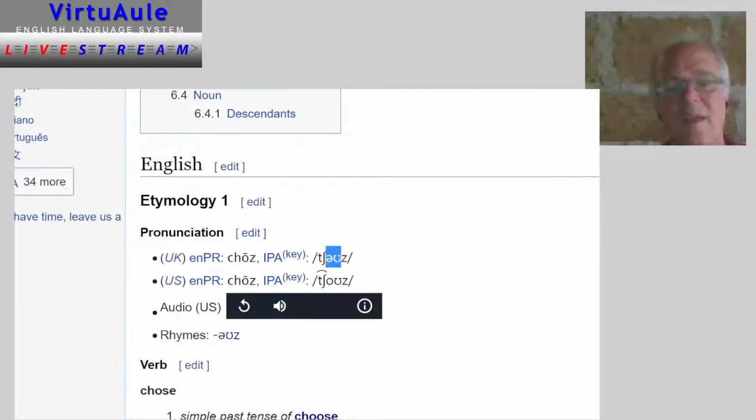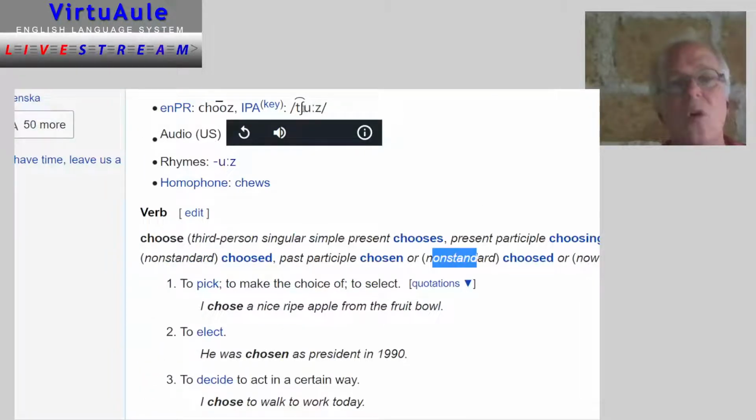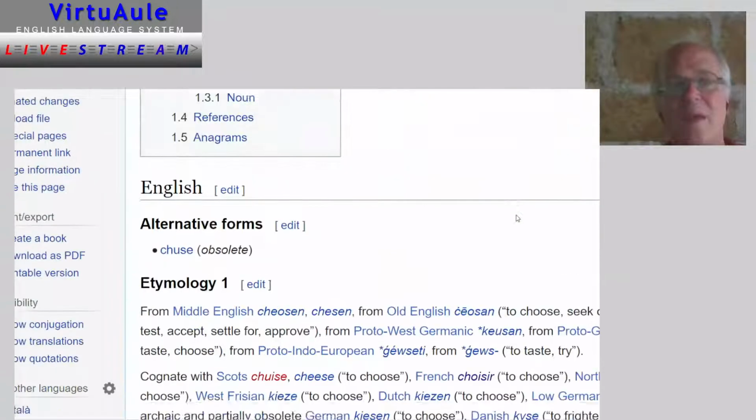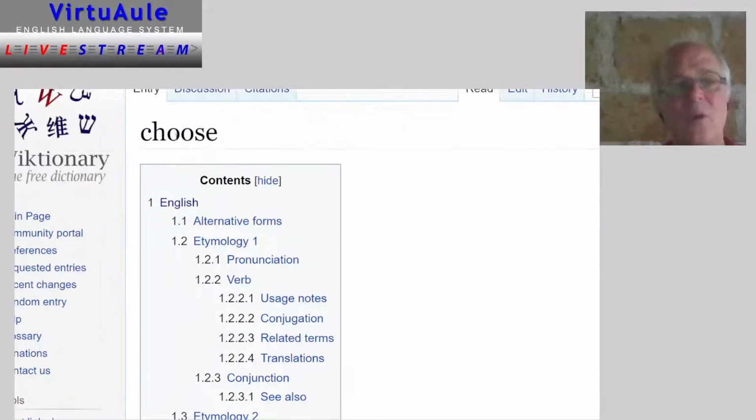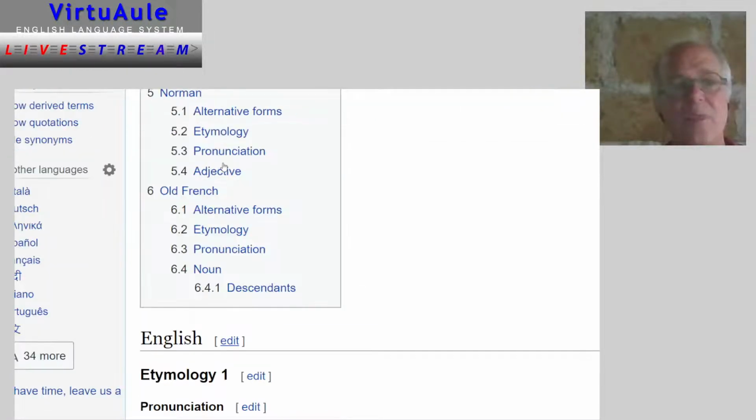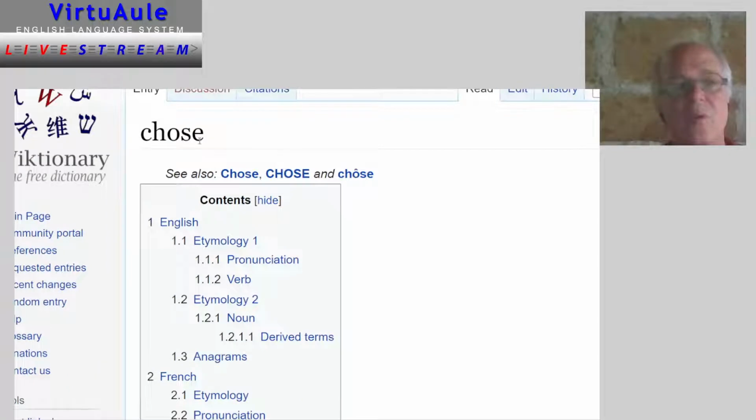We have the O diphthong, but the long oo is actually longer than this shorter diphthong, which may help you to remember that you have the long sound with two O's, ooze, and the short sound with one O, so chose.